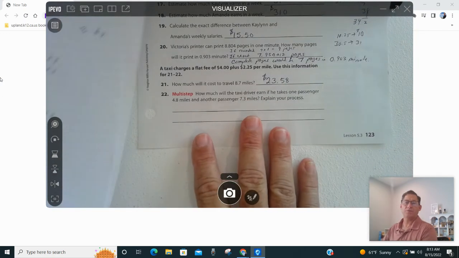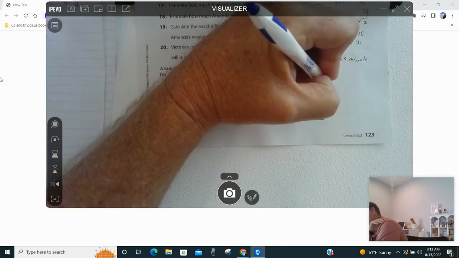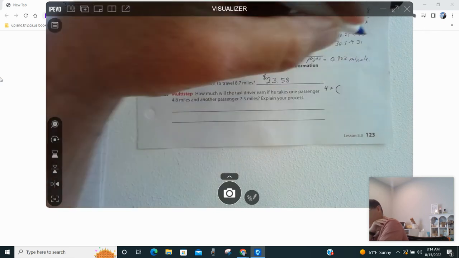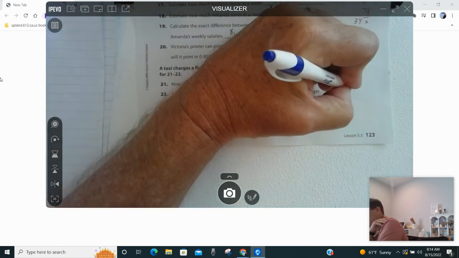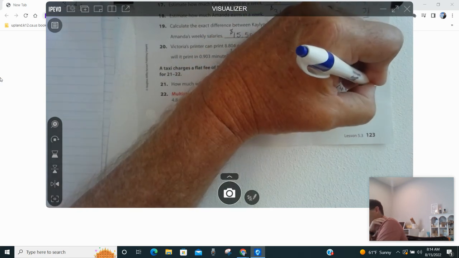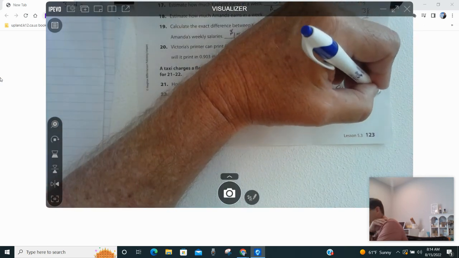22. How much will the taxi driver earn if he takes one passenger 4.8 miles and another passenger 7.3 miles? Okay, so the one passenger would be 4 plus the product of 4.8 times 2.25, plus 4 plus 7.3 times 2.25.